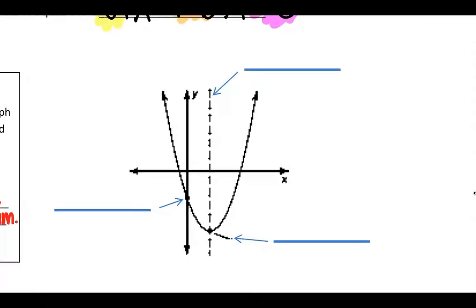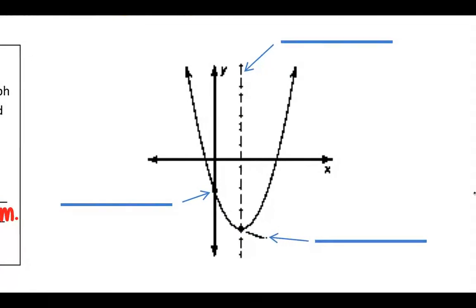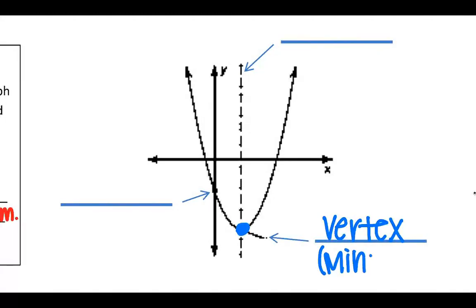Then we had pictures of graphs, and we were able to find these different attributes. So the first one down here is your vertex. In this case, since it's opening upward, we've got a minimum. It is the lowest point on the graph. Then we've got our y-intercept. That's where our graph crosses our y-axis. So our y-intercept would be right there.